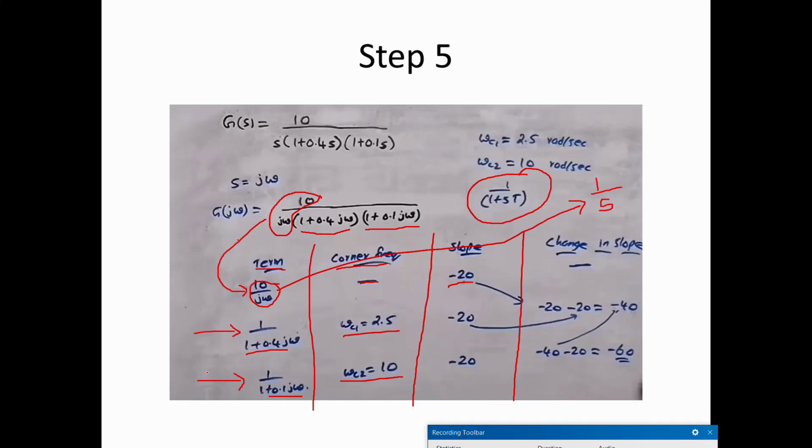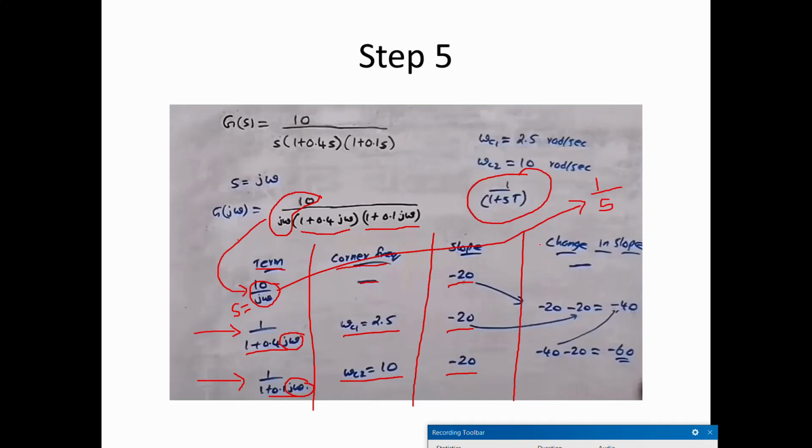Okay, so here also we have substituted s is equal to j omega, right? So 1 by j omega is equal to how much? Minus 20 dB. Here also the j omega term is in the denominator, so again the slope will be minus 20. Here also the j omega term is in the denominator, so here it will be minus 20 dB.